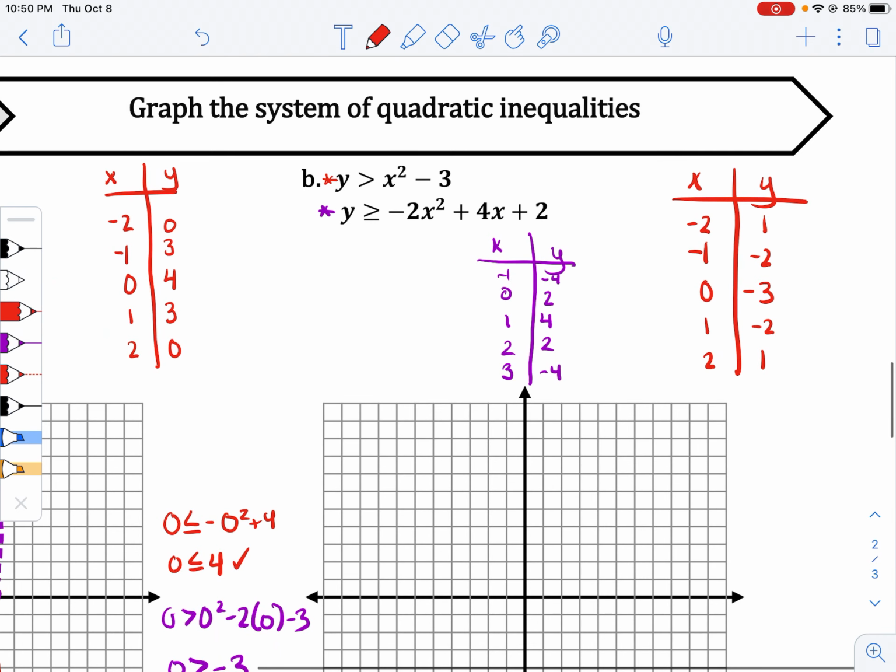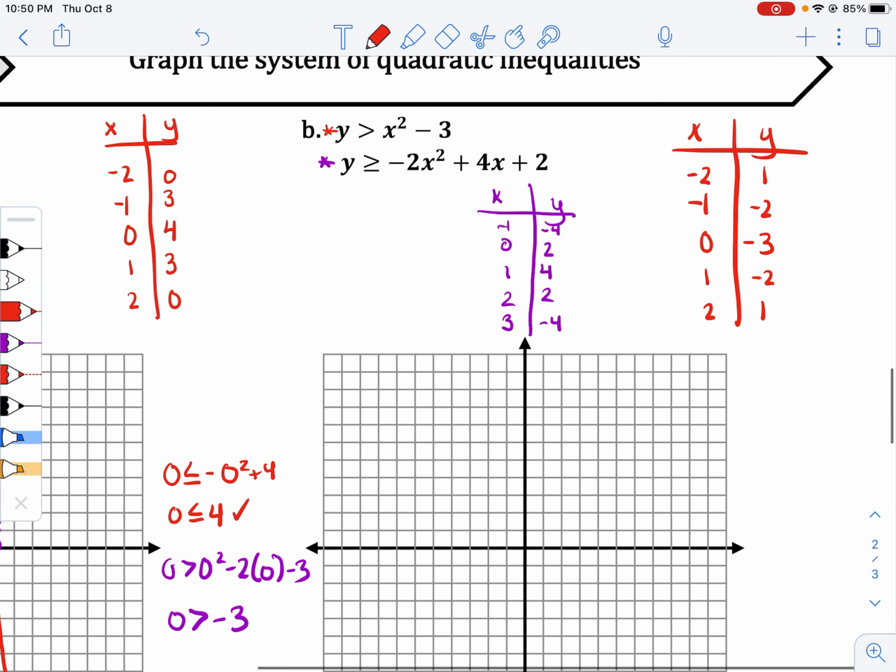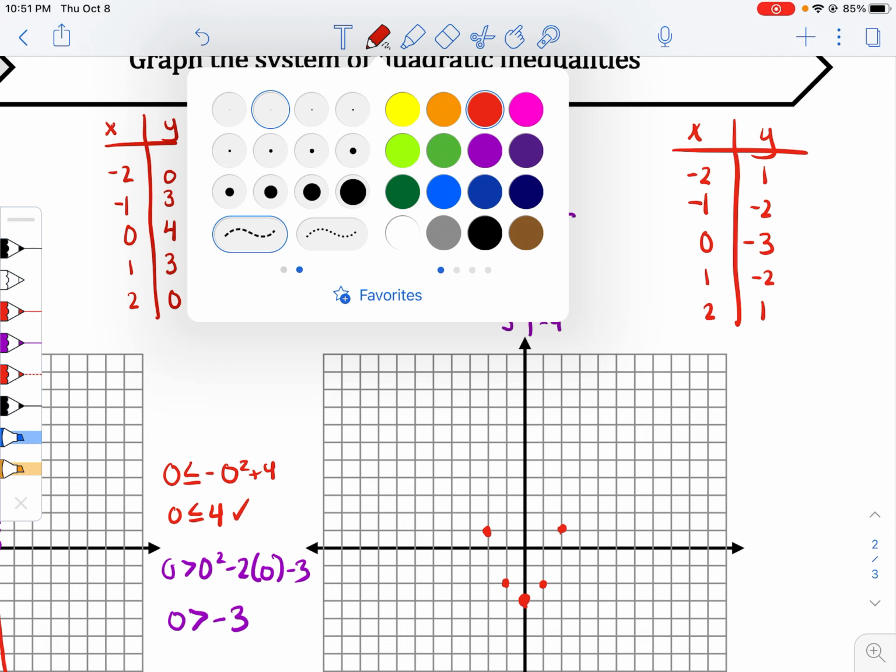All right, so when I graph this, graph my red one first, this is going to be a dotted line. So I plot my points 0, -3, 1, -2, and at 2 I'm at +1. All right, and then a dotted line.